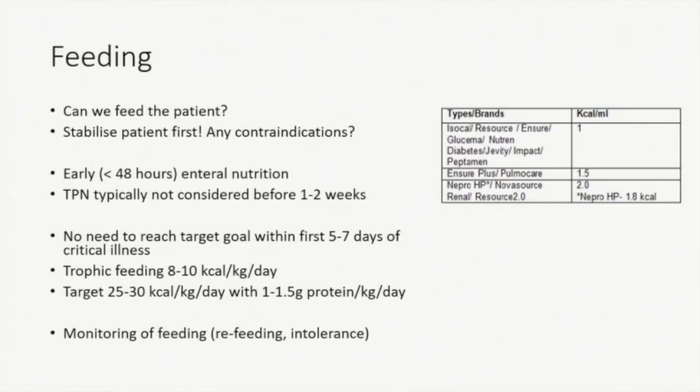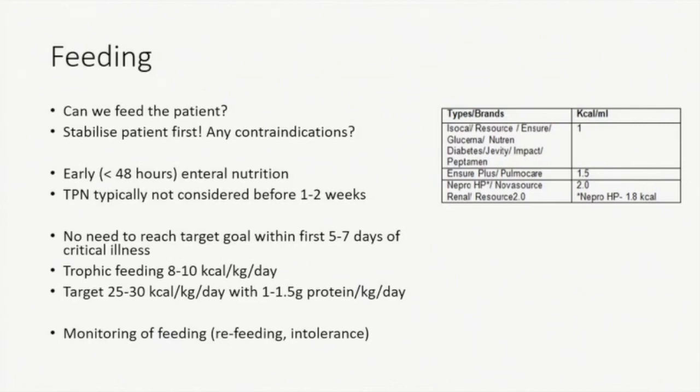But otherwise, we do like to initiate early, i.e. within 48 hours of critical illness, and usually we prefer the enteral route rather than total parenteral nutrition or TPN. Usually we don't commonly start TPN, especially within the first 1 to 2 weeks of ICU stay. Of course, in patients who are malnourished and you anticipate that it's very unlikely that they will be able to tolerate enteral nutrition, then TPN can be considered early.